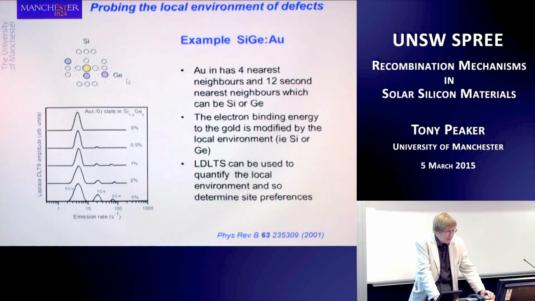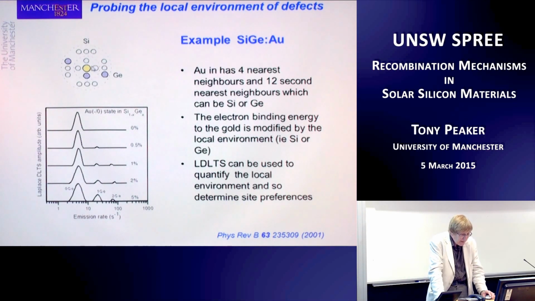And in an alloy, in silicon, the germanium has 4 nearest neighbor states and 12 second nearest neighbor states. And if you have germanium there, you get a perturbation to the emission rate, and you see that in the Laplace peak. So this is with 1 germanium as the nearest neighbor, 2 germaniums as the nearest neighbor, and you can go on like this.